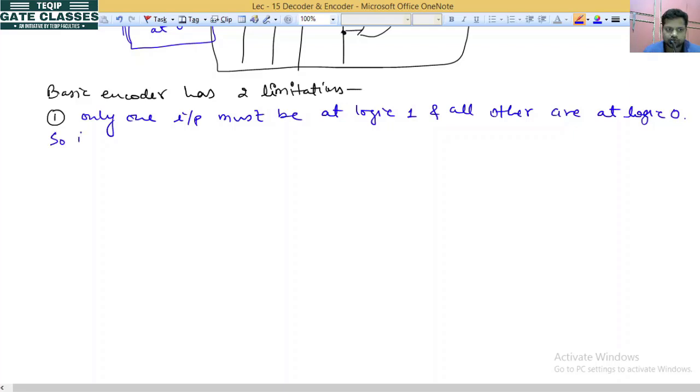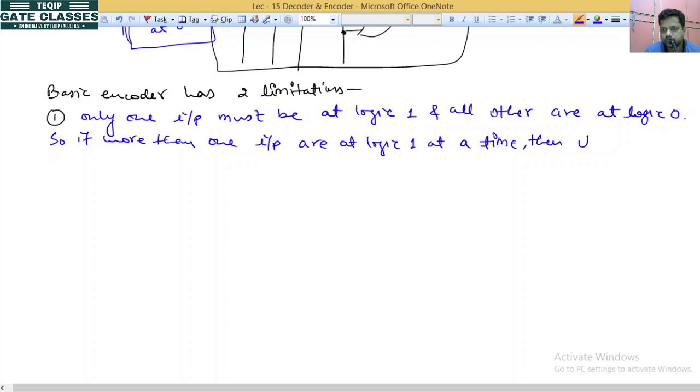So if more than one input is at logic 1 at a time, then it will give a wrong result.